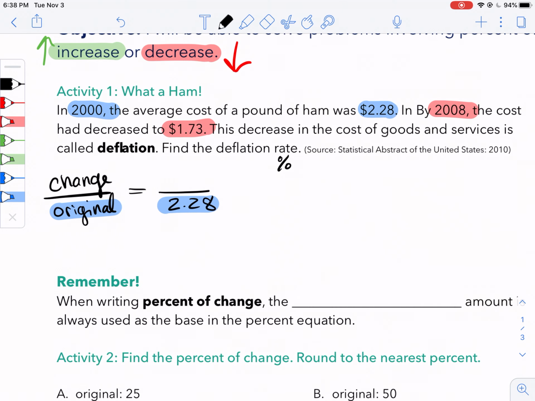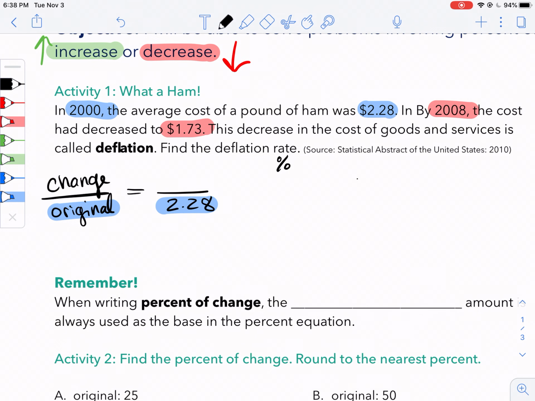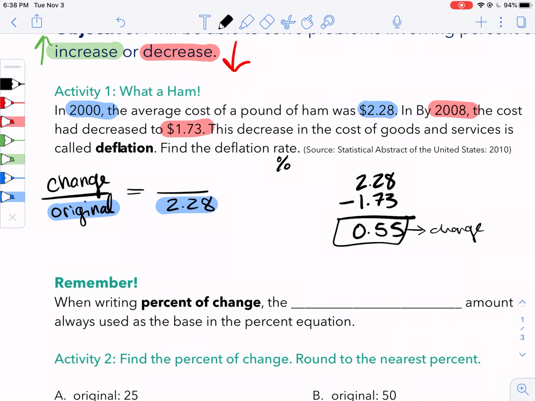So let's do the original, which is 2.28, minus the new, which is 1.73. And we do that subtraction and we get 0.55 for our change. So since the cost went down by 55 cents, that's how much it changed.